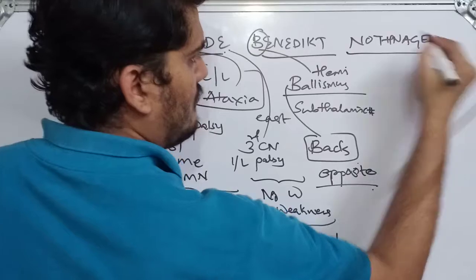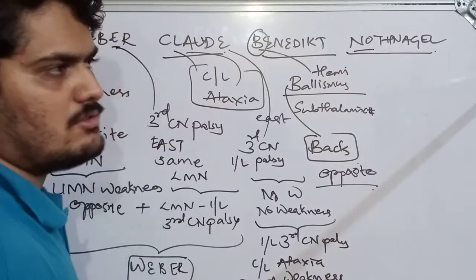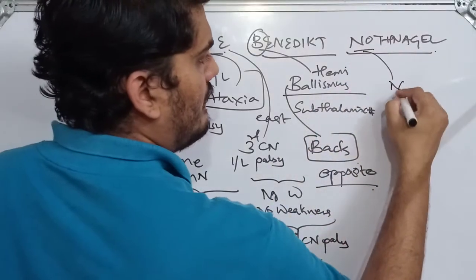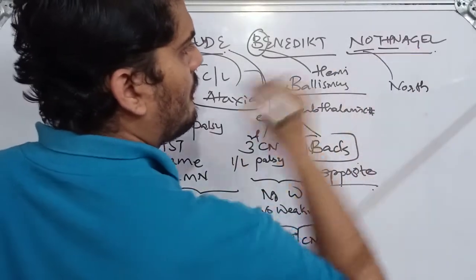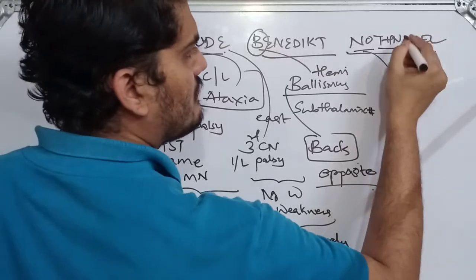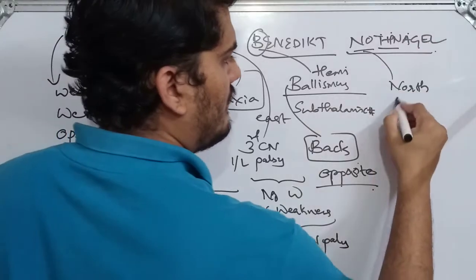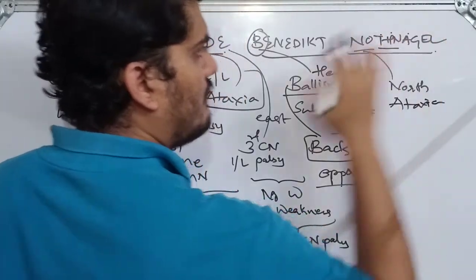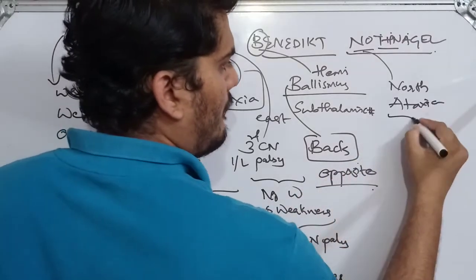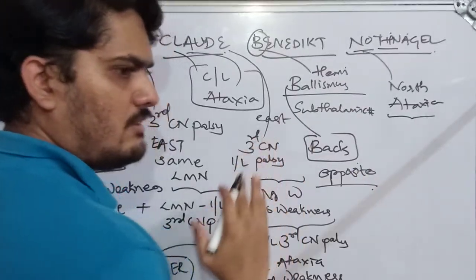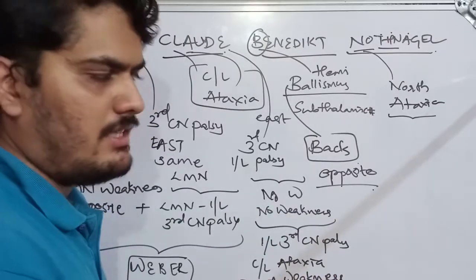Coming to the last point, Nothnagel syndrome. Just write the direction associated with NO, that is north, right? Why is it important to know? Next, mix these three letters: T-A-H. You can get ataxia. Why north is important: I told you east and north are associated with the same direction, because if our house is not directed towards east, it will be directed towards north.